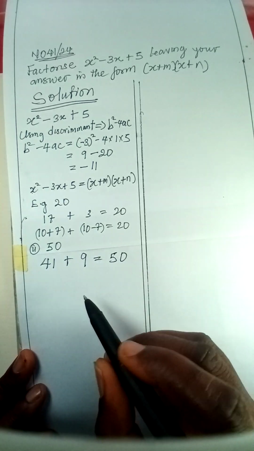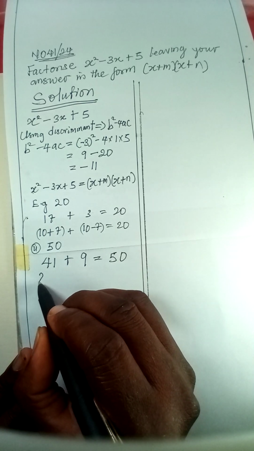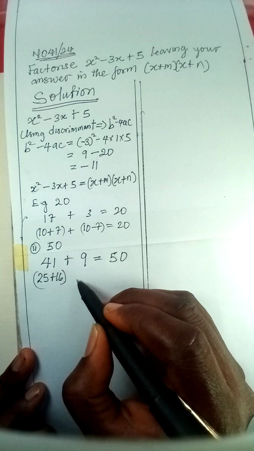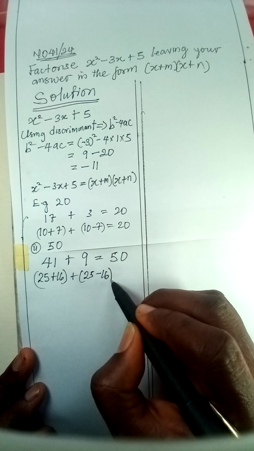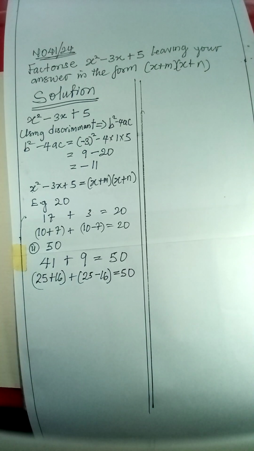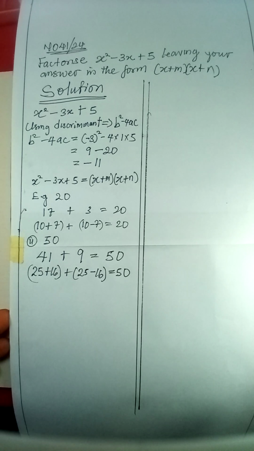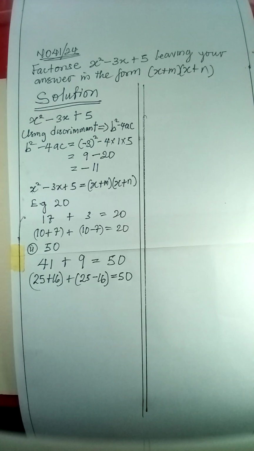Now, what's the relationship between the middle of 50 and these numbers? Notice that 25 plus 16 will give me 41. Also, 25 minus 16 will give me 9. And when you add these two, you get 50. So this happens whether the number is positive or negative. Even if it is a fraction, this is a special property. That's what we're going to use to factorize this.